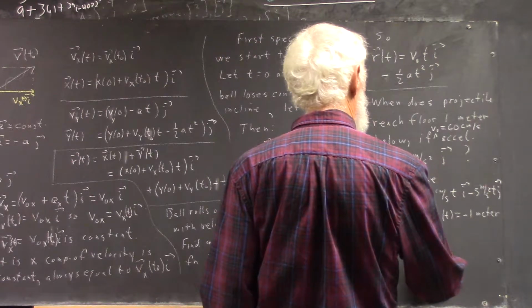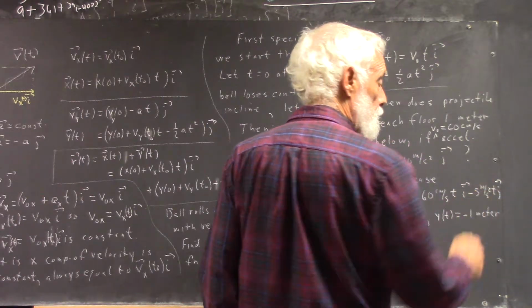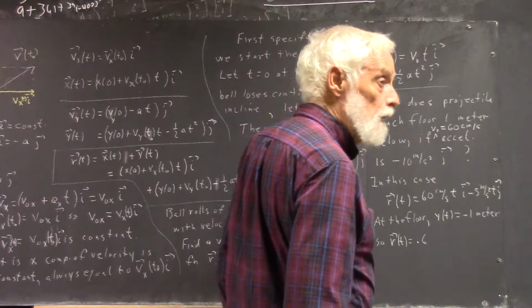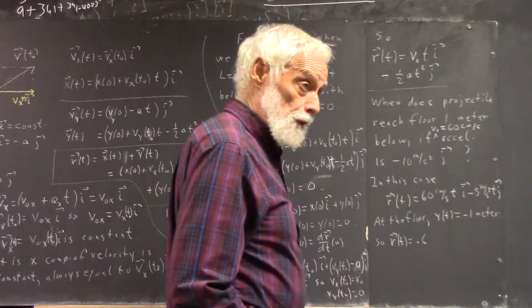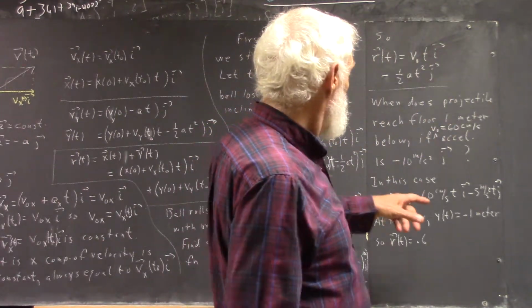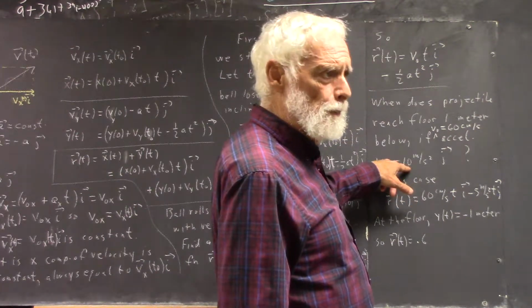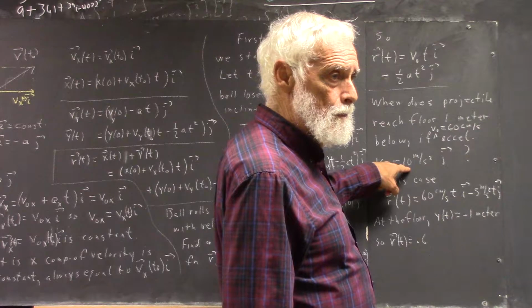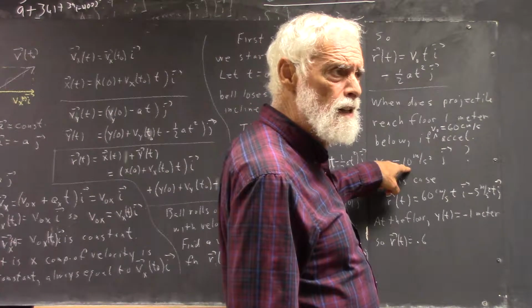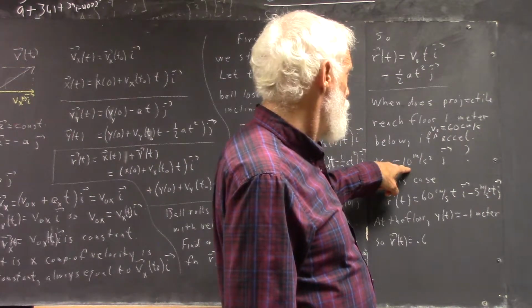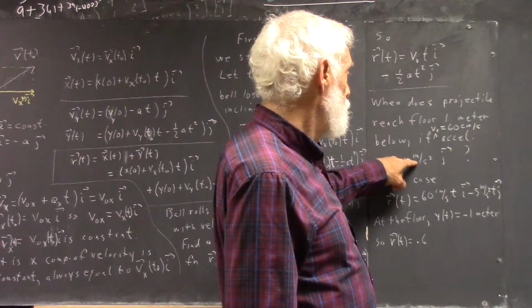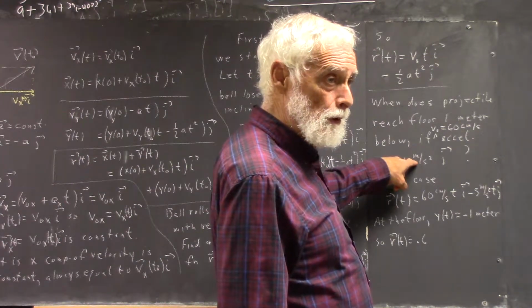I'm going to anticipate the fact that since this is in meters per second squared, I could have done it in centimeters per second squared. If the acceleration of gravity is negative 10 meters per second squared, then how many centimeters per second squared? Negative 100. Huh? 100? Well, 1 meter would be 100 centimeters, right?